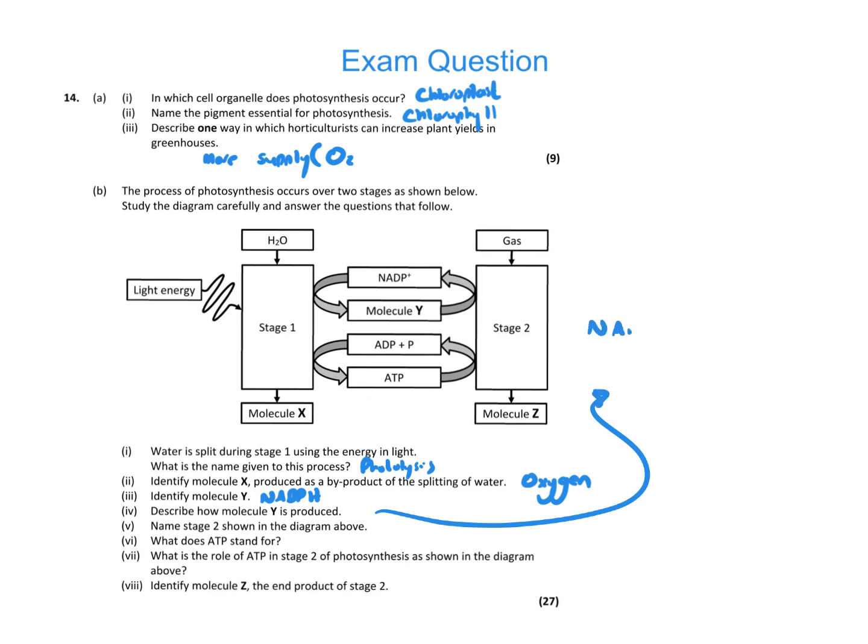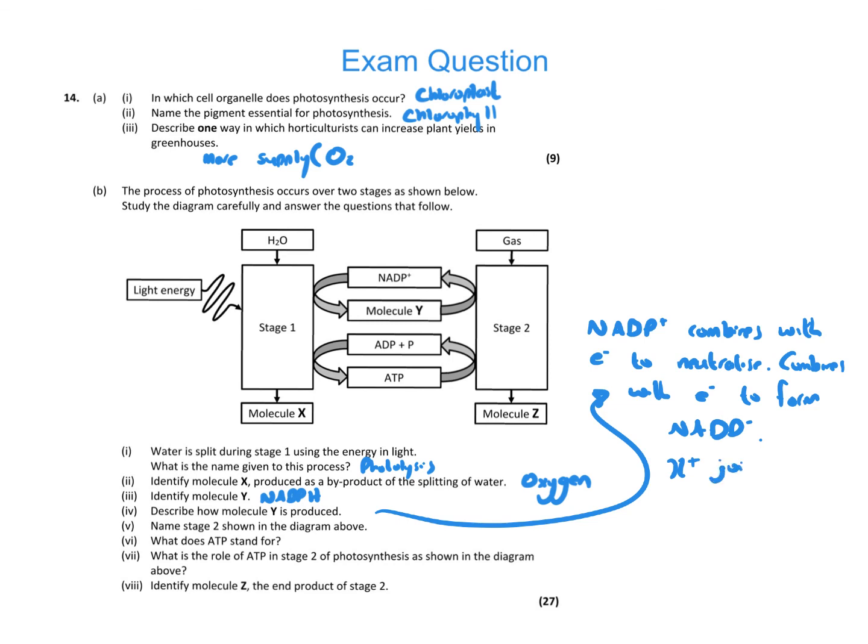So NADP plus combines with the electron to neutralize it, combines with another electron to form NADP negative, a H plus joins with NADP negative, sorry, that should have been a P up there, NADP negative, to form NADPH. Okay, so that's that one there.